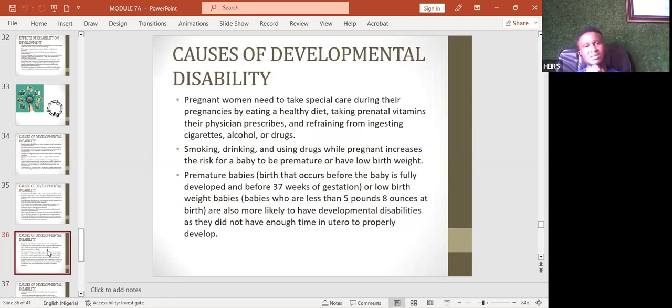Premature babies are born before the baby is fully termed, before the 37th week of gestation, or have a low birth weight of less than 5 pounds 8 ounces at birth. They have a higher risk of developmental disabilities, because why? They did not have enough time in the uterus to properly develop.